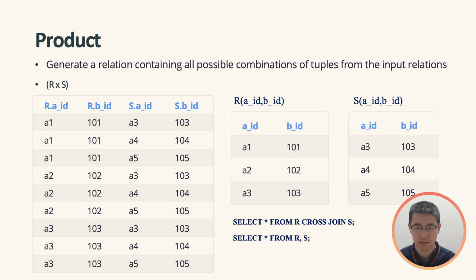In this database, I can perform this using two operations. One is cross join, using R cross join S. Another simpler method is select star from R, S, where the comma can integrate R and S. This outputs all these combinations and selects them out.